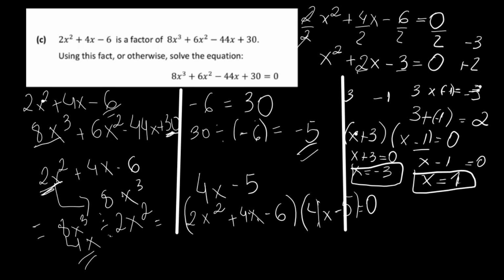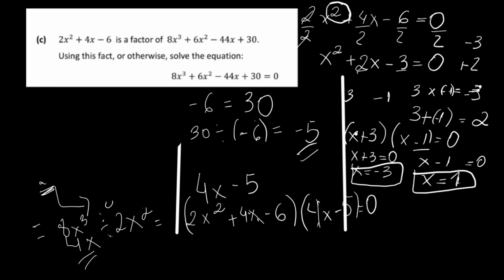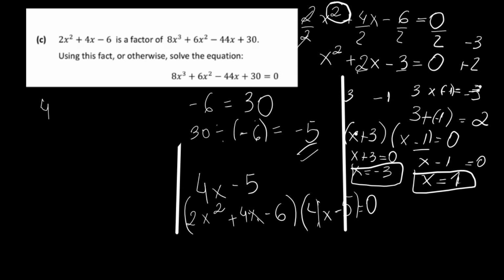Because it's a quadratic, we always have two solutions, but here it's cubic, so we need 3 solutions, so we need to find one more. How do we do that? We use the other factor. Remember we found 4x minus 5.